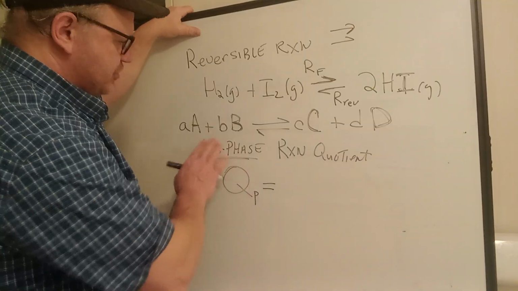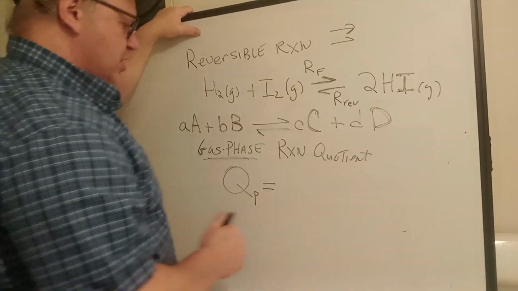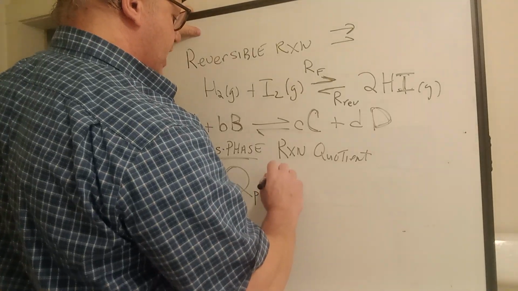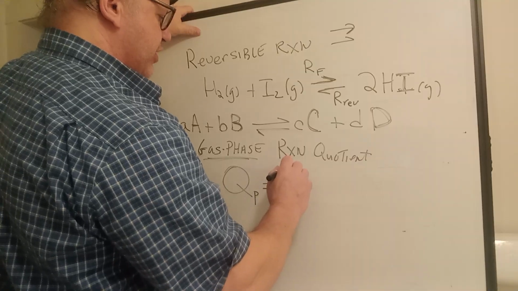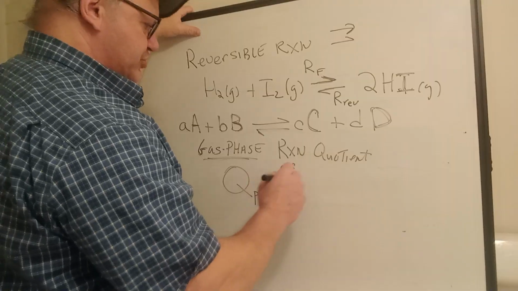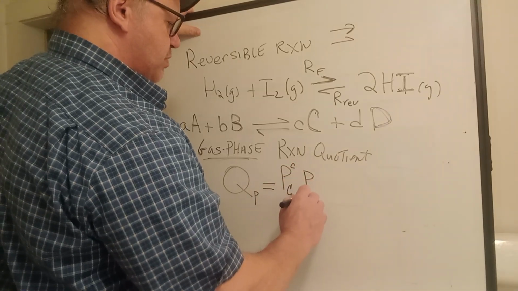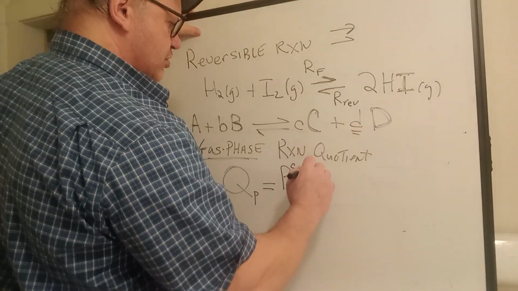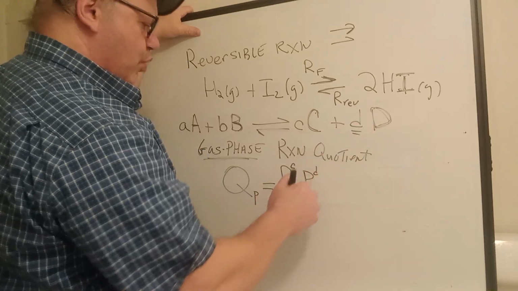For a reversible gas phase reaction, it will be the partial pressure of species C, raised to the power lowercase c, and these will be partial pressures, and I'll talk about the units in a second. The partial pressure of species D raised to the lowercase d, so if this was, for example, 2 here, this would be squared.